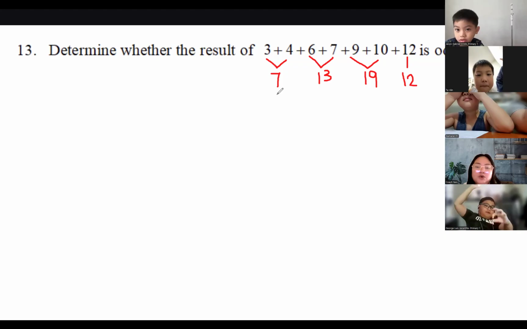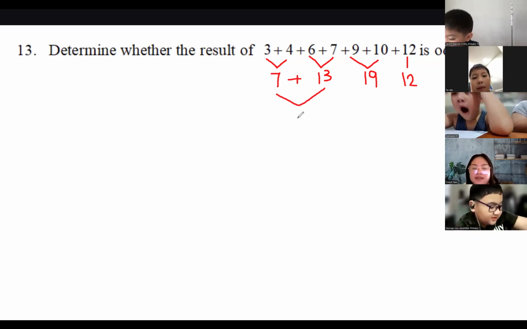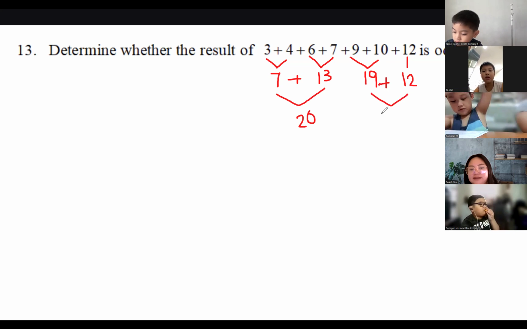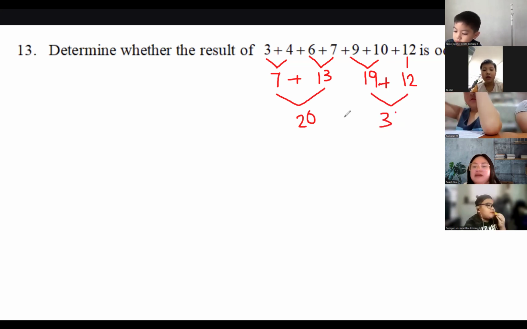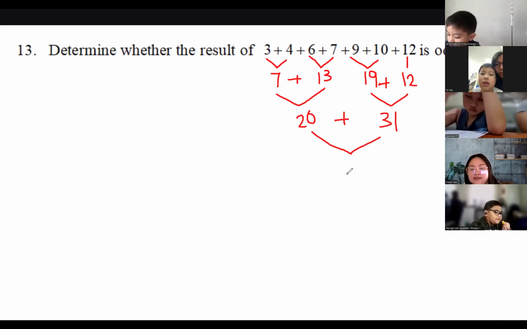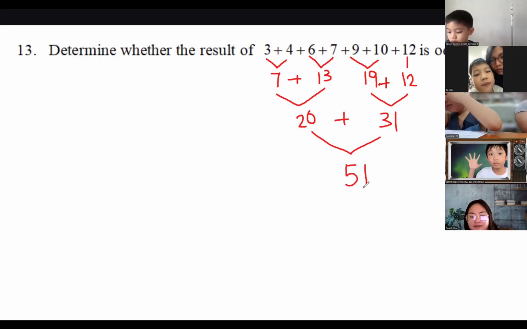Okay? So again, pairing again. 7 plus 13, you have 20. 19 plus 12, you have 31. And when you add them all together, you get 51. So 51 ends with 1, di ba?